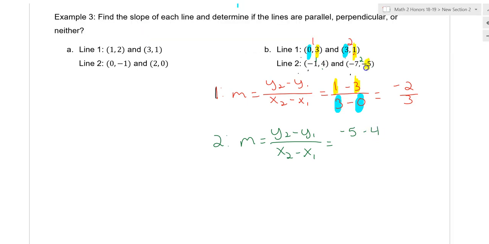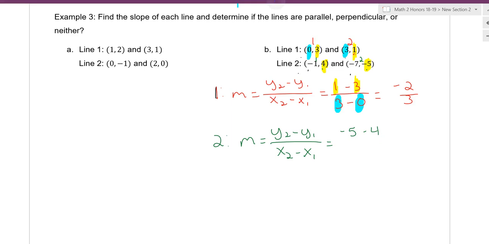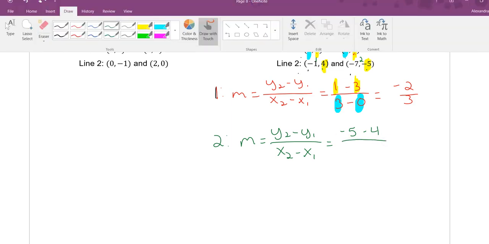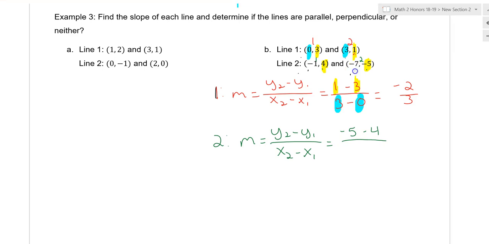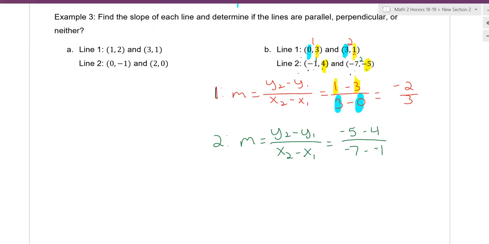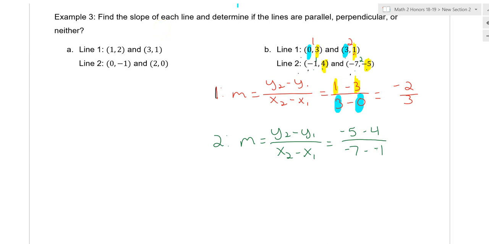Again, that comes from this one minus this one. Over, right, x minus x, negative 7 minus negative 1. Make sure, this is one part that tricks people up, right, negative 7 minus negative 1. You should have both of those minus signs. And again, that comes from here and here.